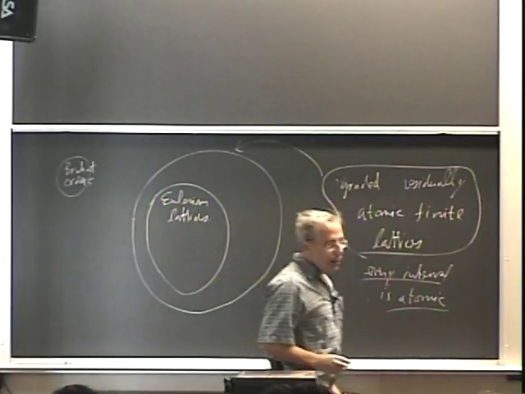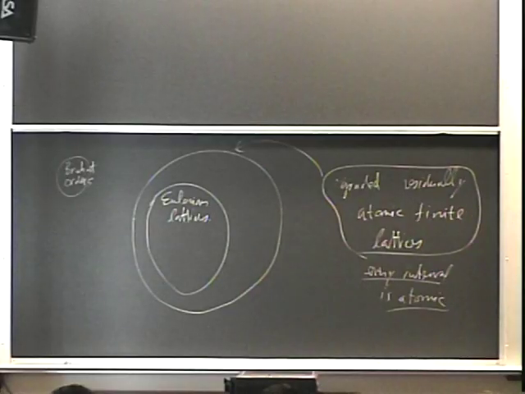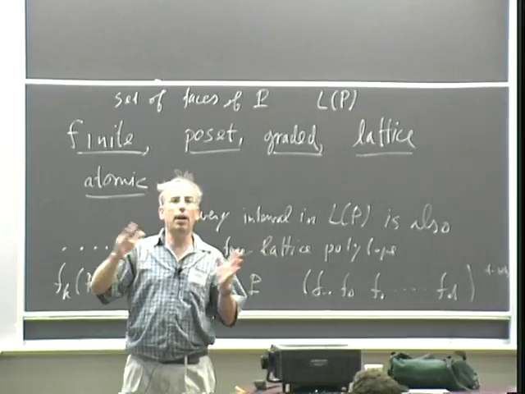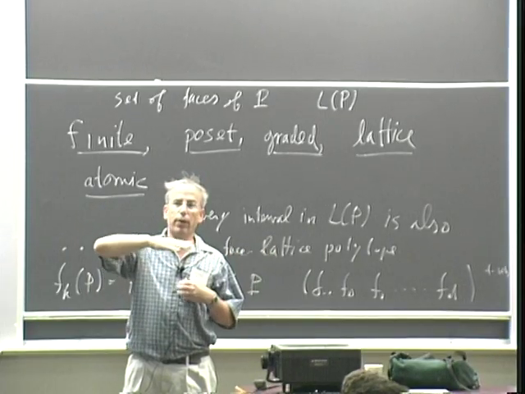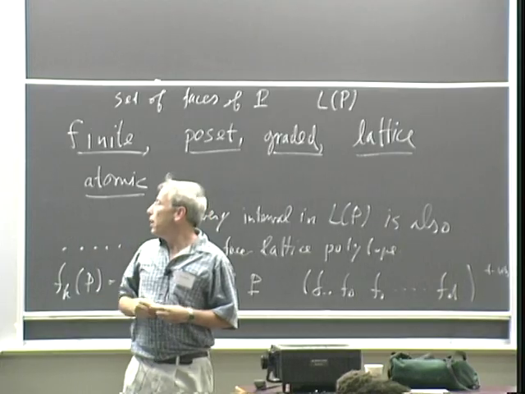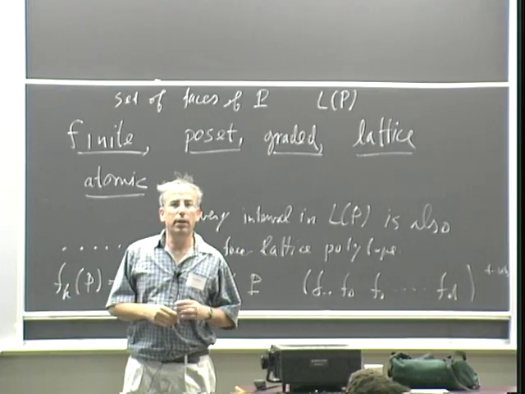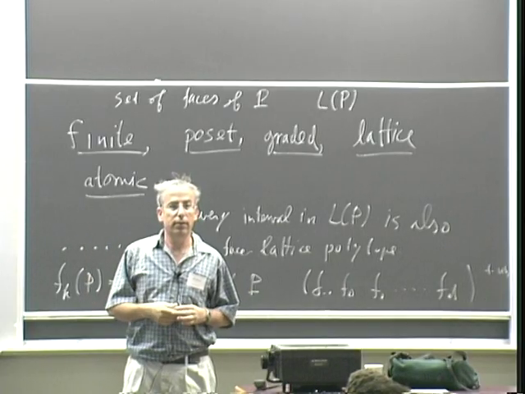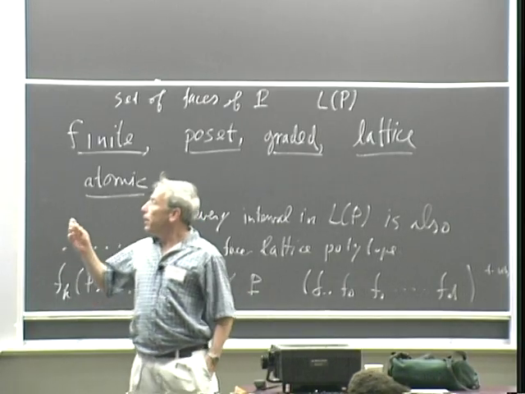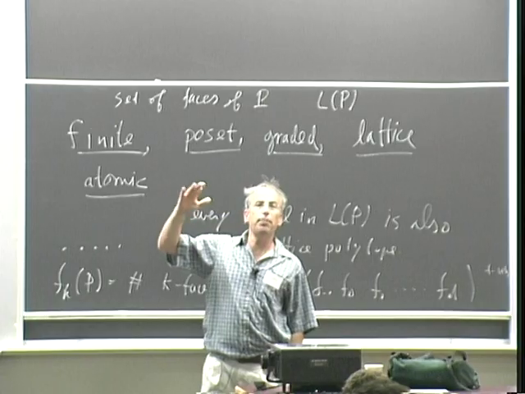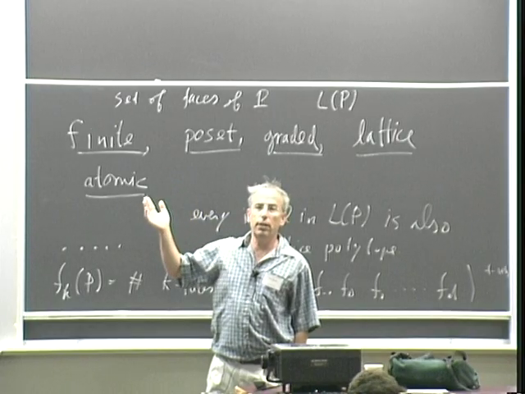Eulerian lattices are lattices where every interval has the same Euler characteristic, the alternating sum of elements in the grades, the same Euler characteristic as a sphere of the same rank. So the alternating sum of faces of a d-dimensional polytope is invariant.